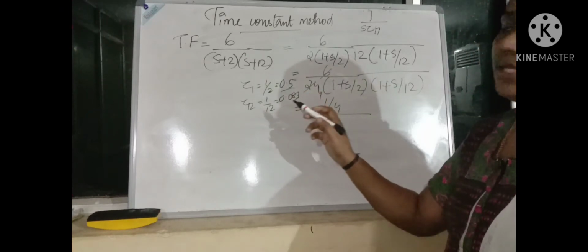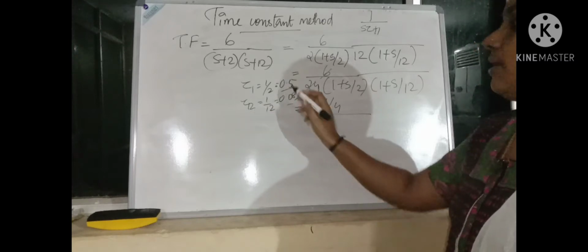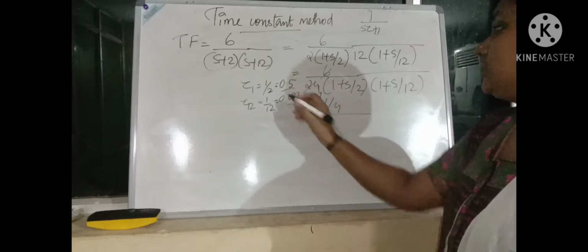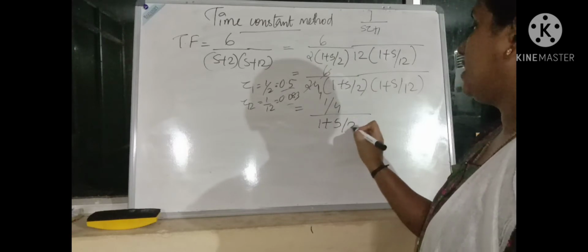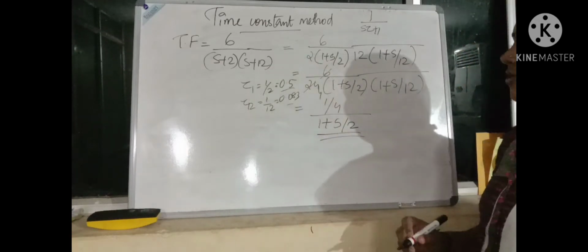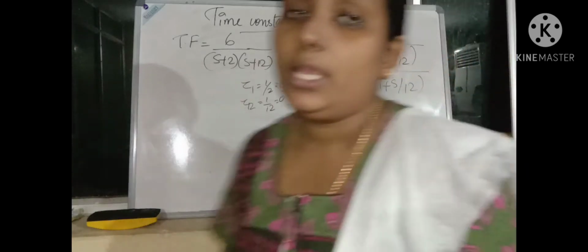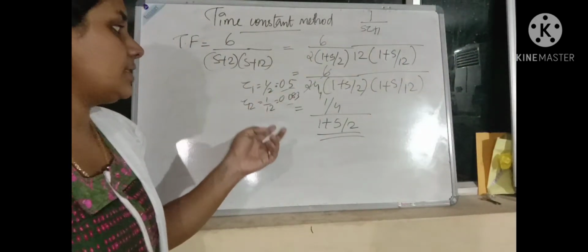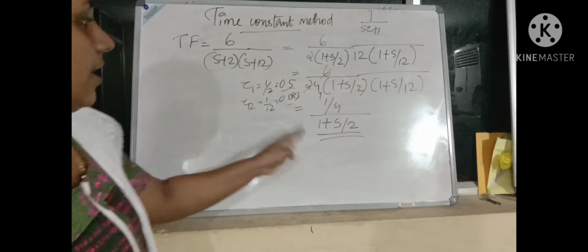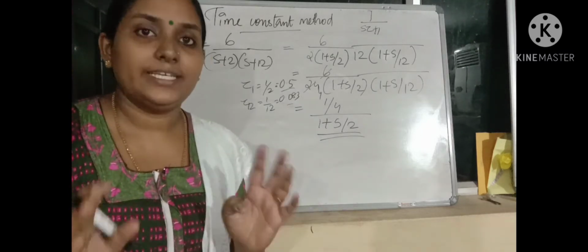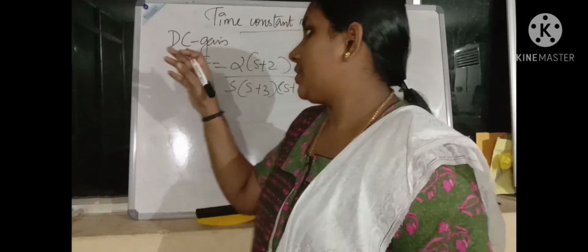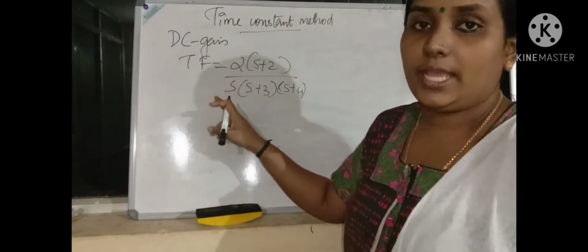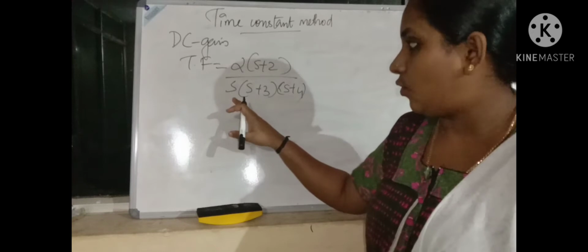This one is larger compared to this one, so this is the significant one, that is 1 plus S by 2. Okay, we can easily find out the transfer function using the time constant method as here. Okay, all clear? Yes.